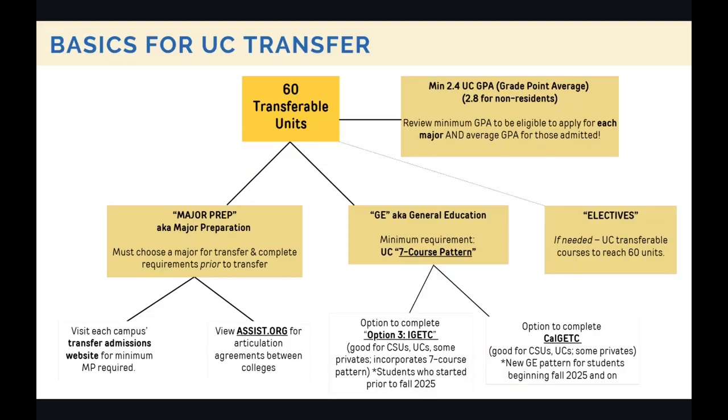The UC 7-course pattern consists of English composition, critical thinking, 1 math class, and depending on your major, you might be required to complete more than 1 math class. And the remaining 4 courses that they're paying attention to are 4 courses within the areas of arts and humanities, social behavioral science, and physical and biological science.